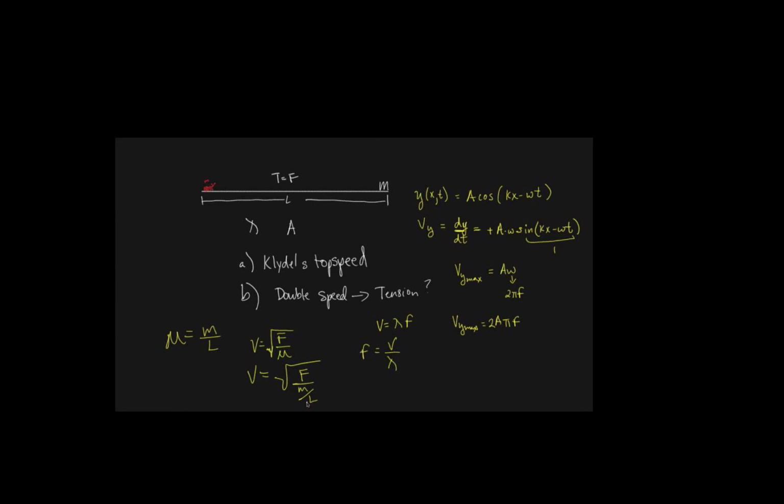So now, what can we do? Let's see. How about we plug in that V formula in for the V right there? What would that give me? Then that'd be F is equal to square root of... So then the last thing we've got to do is plug in what our frequency is into this equation.